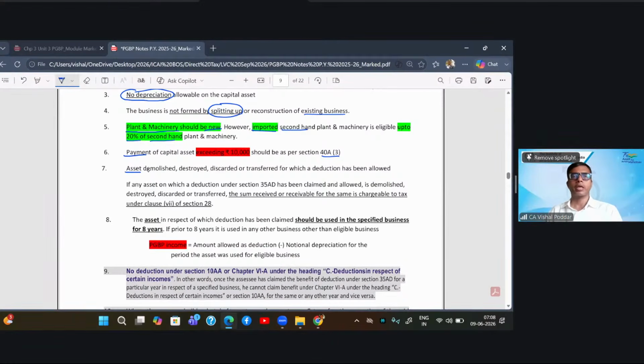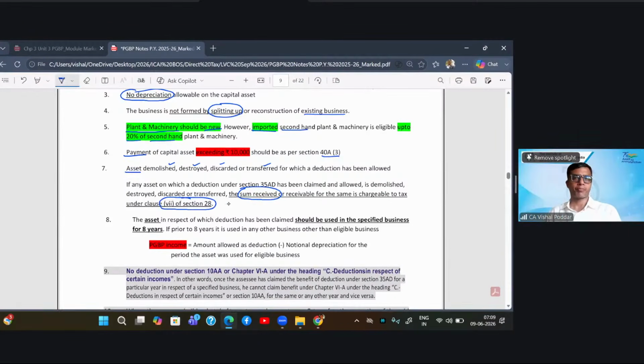Next, if the asset is sold, that is demolished, discarded, transferred, then whatever amount you receive, that entire amount is treated as your PGBP income under Section 28. If you remember, we had studied the entire Section 28 list in the first lecture itself, and two points we have kept aside.